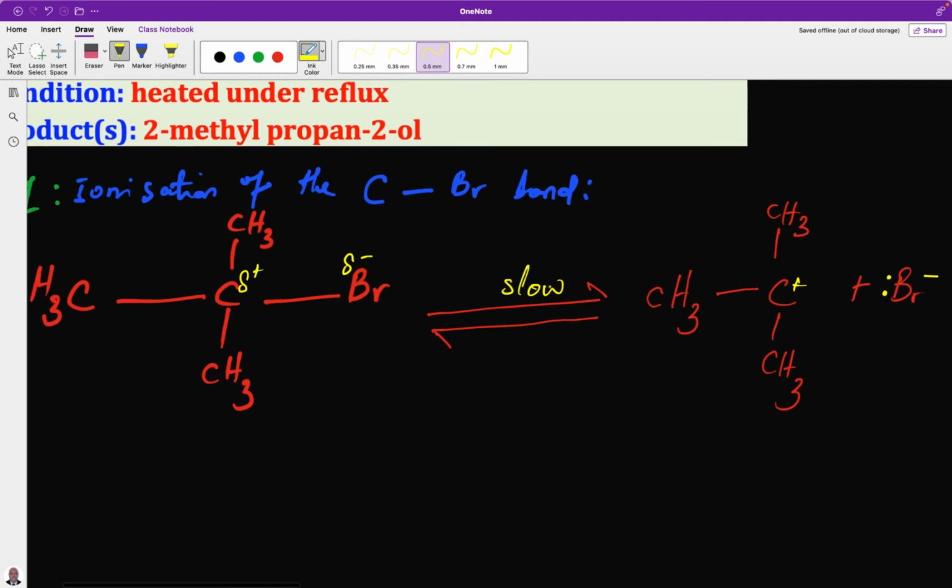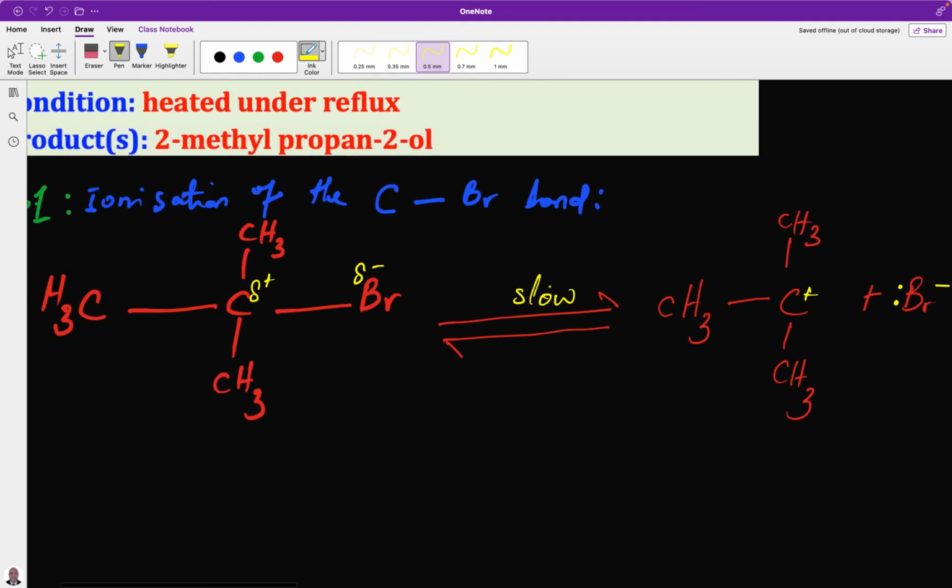As I told you initially, this should be explained using the curly arrows. Because of the electronegativity here, what is happening? This one has a higher electronegativity than the carbon.